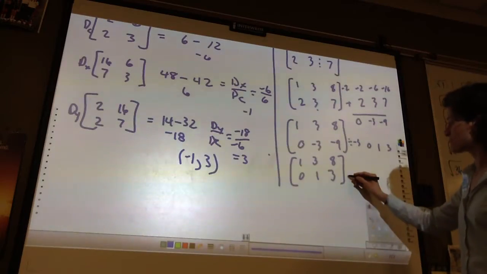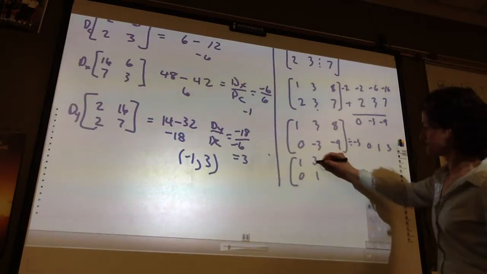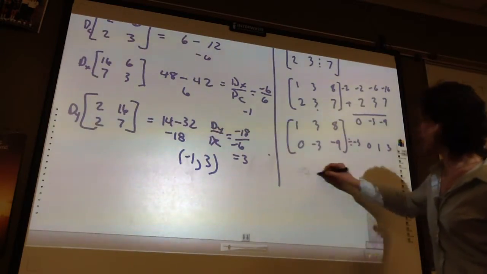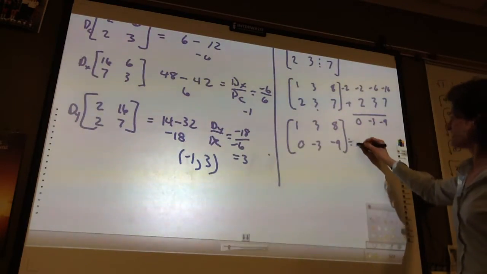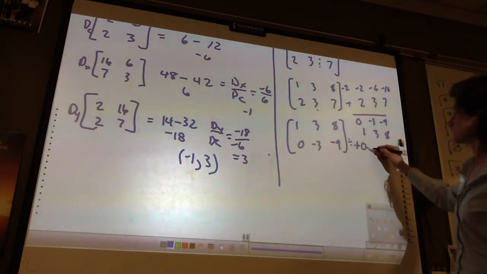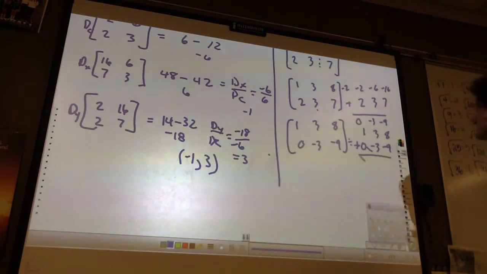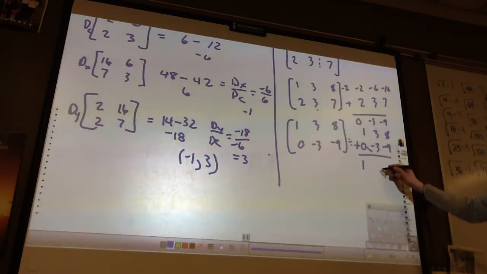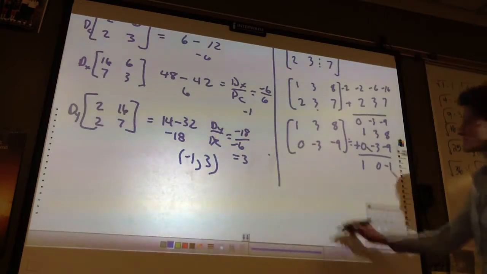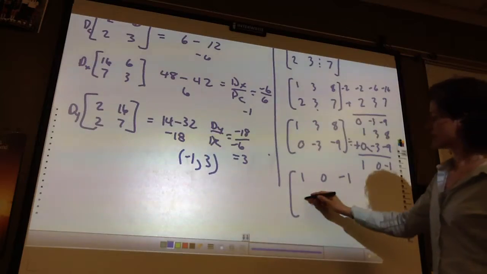So I'm going to take row 1, 1, 3, and 8, and add to that the 0, the negative 3, and the negative 9. I'm going to get 1, 0, negative 1. New top row. 1, 0, negative 1.